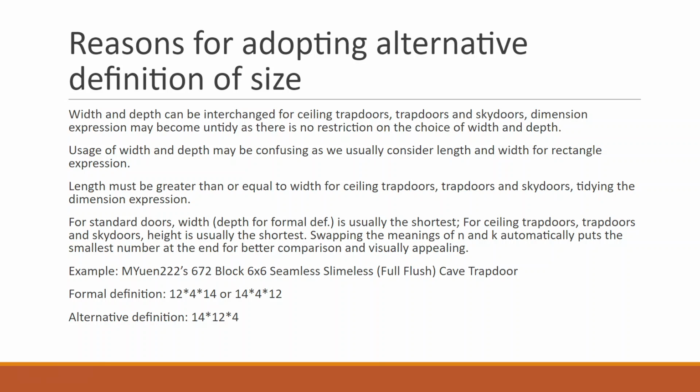Now, the choice of using the formal definition or alternative definition of size, especially for volume, isn't really too much of a deal, because I don't use volumes too much throughout the series, I think. But even if I use them, you can still compare quite easily, because it's just three numbers multiplying together. So it doesn't really matter too much. But here I'm just going to explain it in detail.